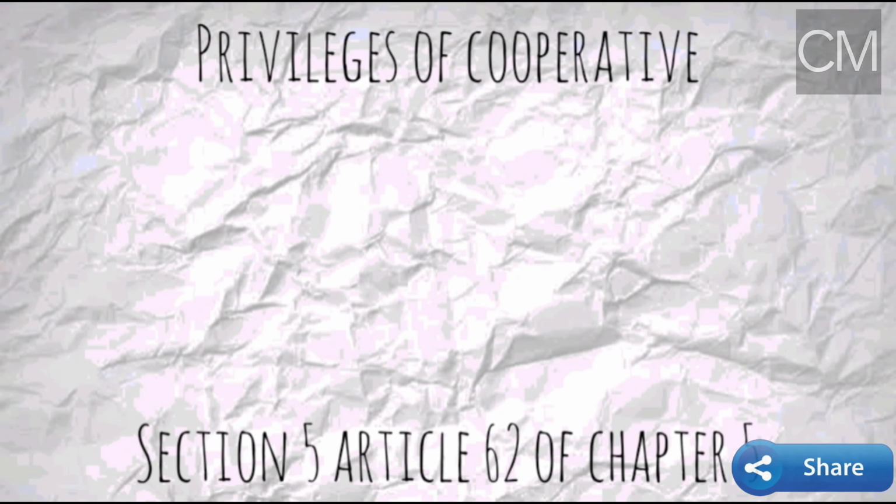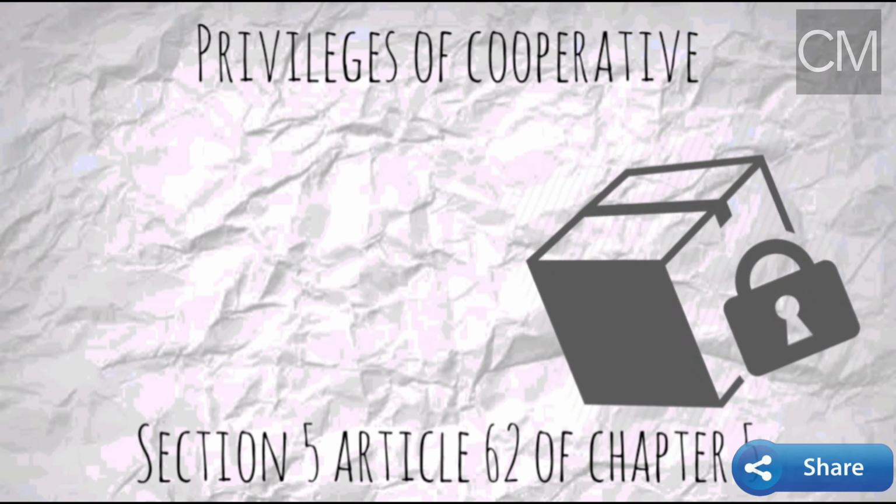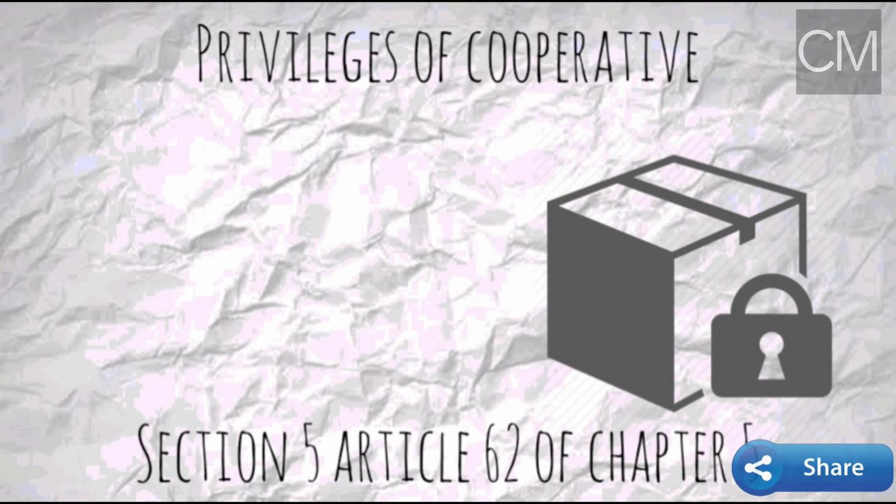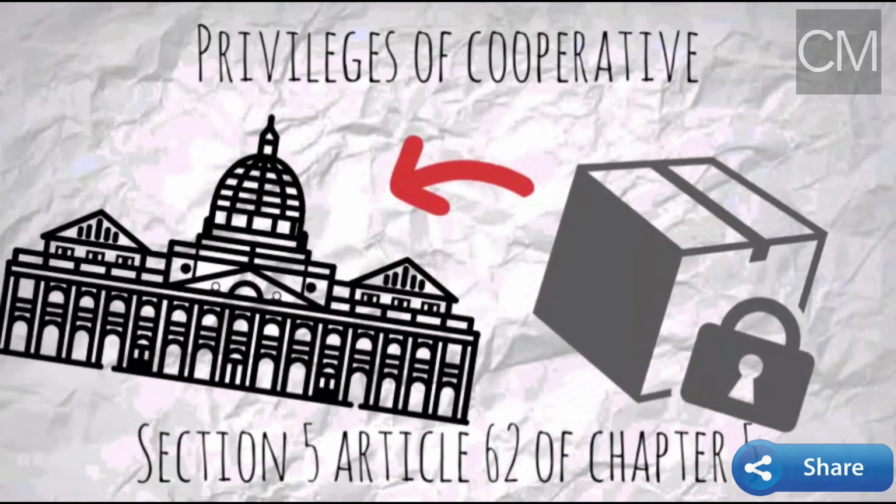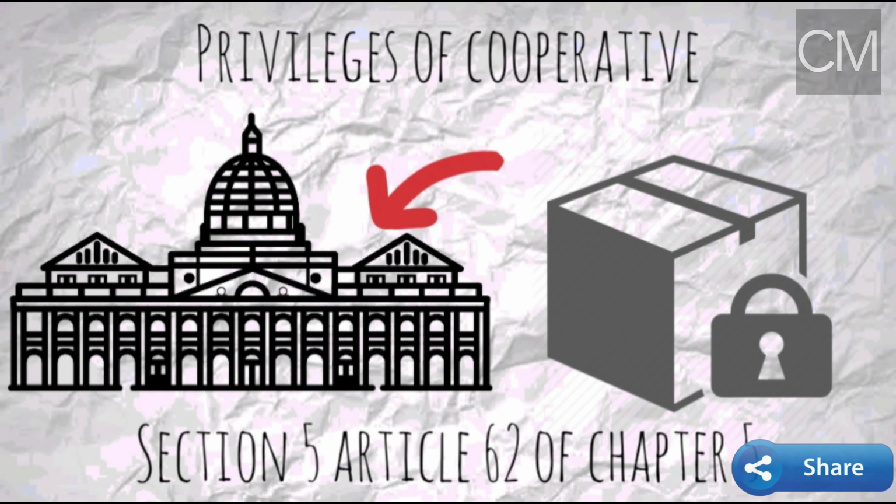Section 5, Article 62 of Chapter 5 states the following privileges that cooperatives have. Now, let's discuss what those privileges are. First, cooperatives can keep their sealed cash boxes and other important documents in the safes of the municipal or city treasurer without any charges.